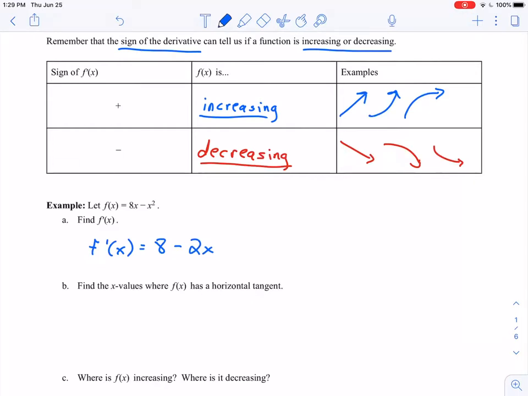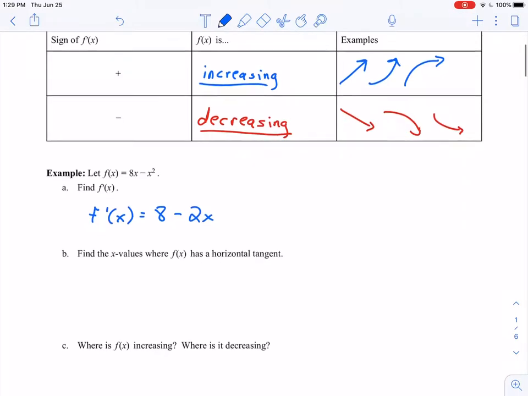That wasn't too bad. Next, I want to find the x values where we have a horizontal tangent line. So remember, we see this horizontal tangent. What that really means, if I have a horizontal tangent line, first of all, tangent line makes me think about the derivative, and horizontal, if I have a horizontal line, I know that the slope of that line is 0. So I'm taking my derivative, f prime of x, setting it equal to 0, and solving that equation.